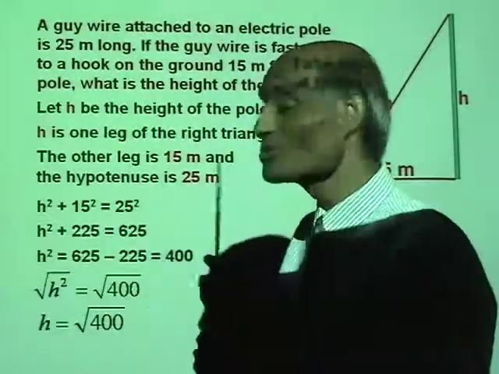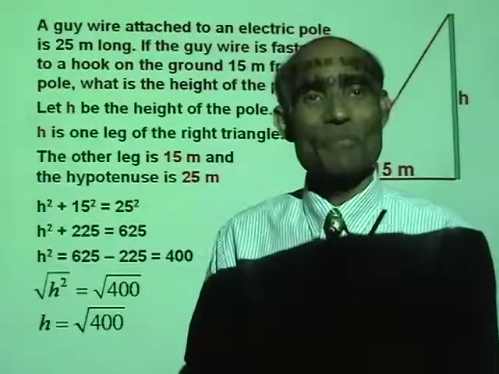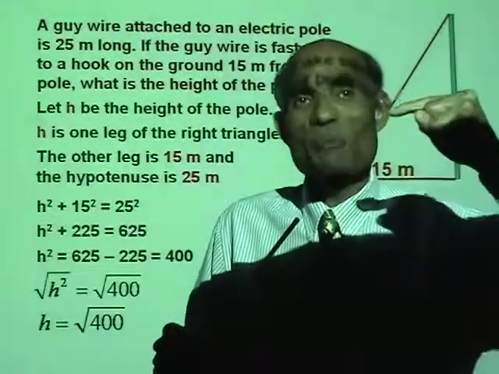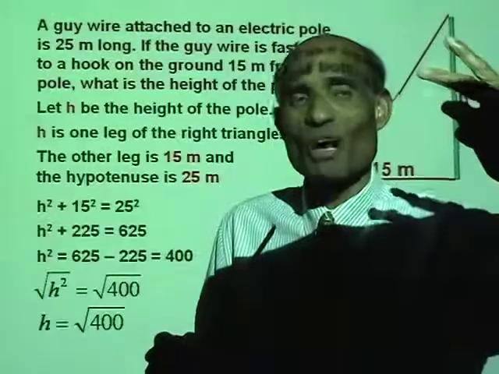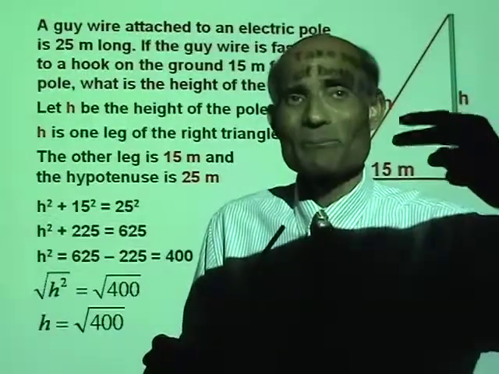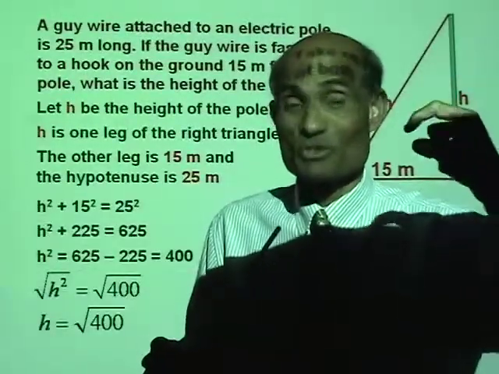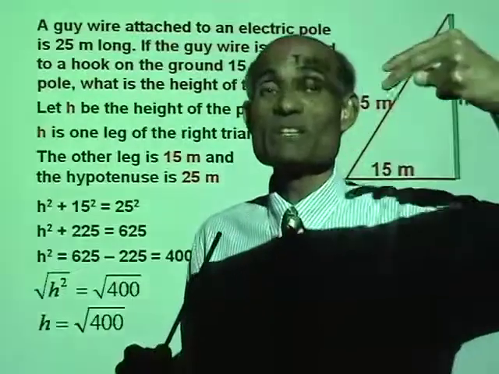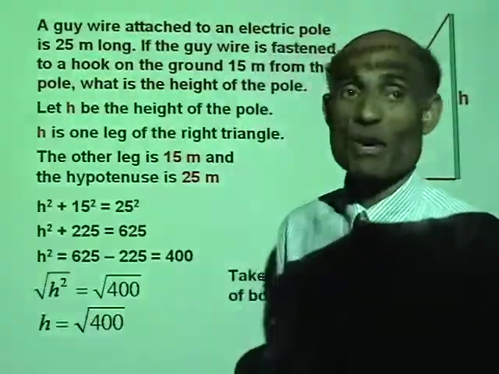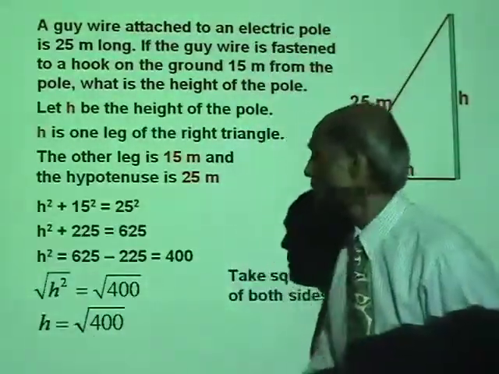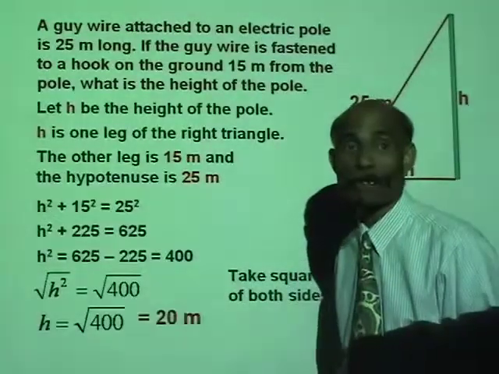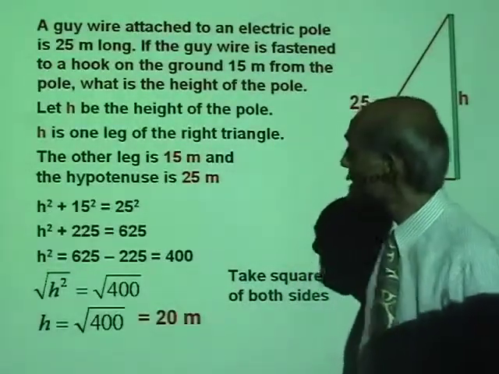What is square root of 400? What number raised to the power of 2 will give you 400? 20. 20 times 20 is 400. So H equal to square root of 400 equal to 20 meter.